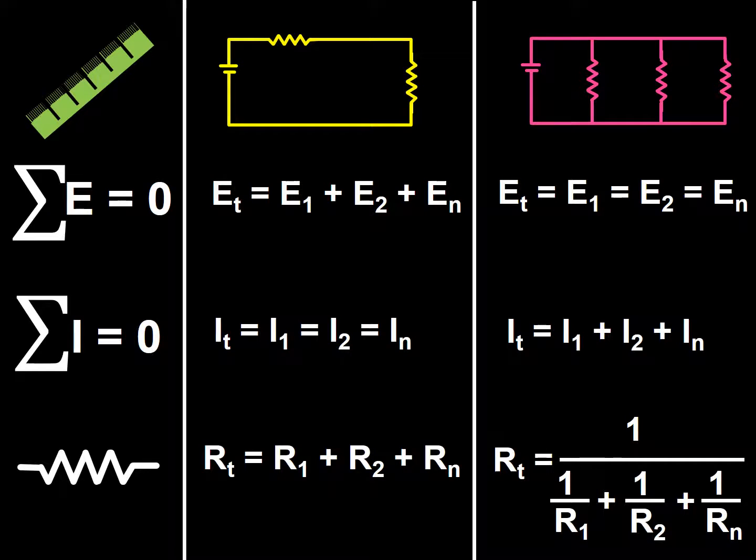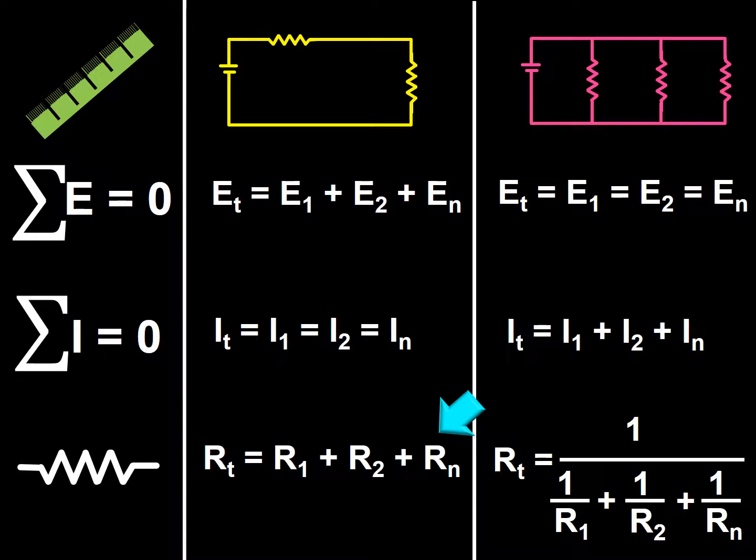I hope you recall from our last talk about resistor circuits this frame. It highlights the different behavior in regard to electromotive force, current, and resistance that rules the behavior of resistor circuits.